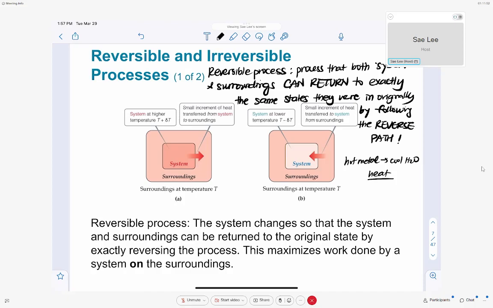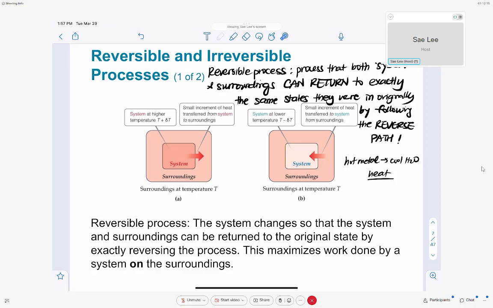Can heat flow from cooler water to hot metal? It is impossible to make the heat flow in the opposite direction from cooler water to hotter water. So this is an irreversible process. Okay. However, there is an exceptional case where heat transfer can be reversible.